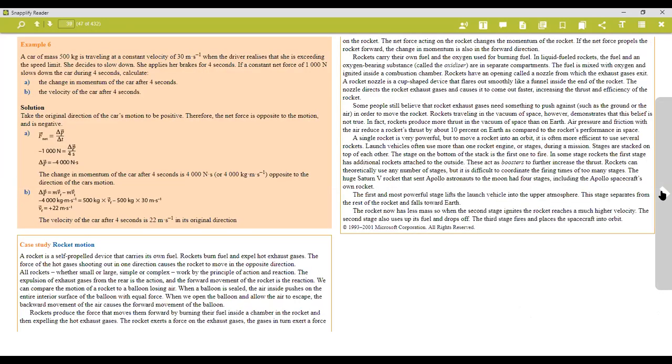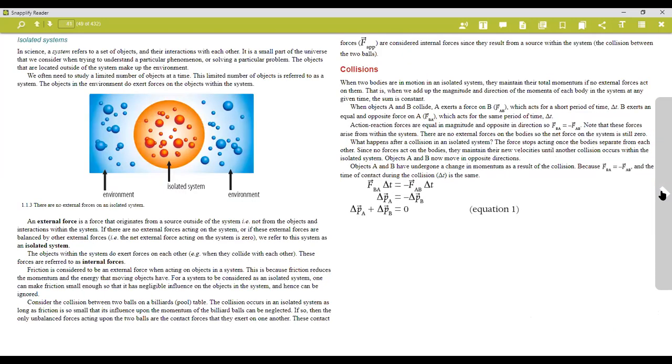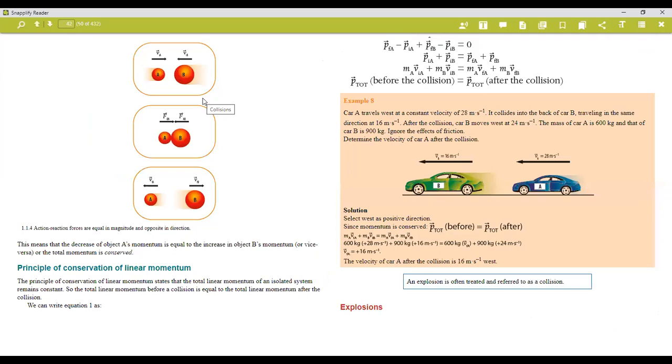So there we have it. This is two objects that are colliding. Colliding means that they hit each other, in simple terms.